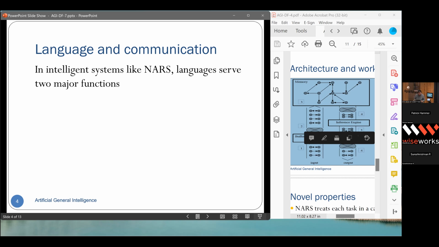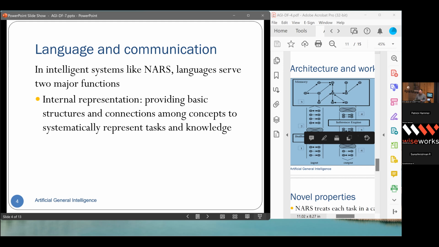So before we go into that, let's first see what language means in this context. Very roughly speaking, for this type of system, when we are talking about a language, very often we're talking about two separate things. And very often people get them confused, which is really bad.